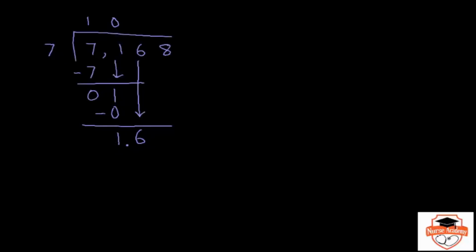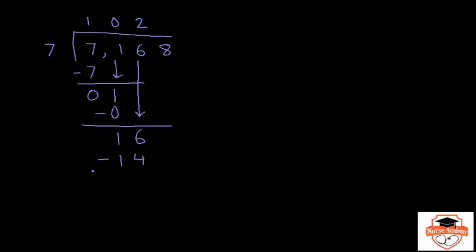We know that 7 times 1 is 7, 7 times 2 is 14, 7 times 3 is 21. So 21 is over 16. So we don't write a 3 over here, we write a 2. Write down 14 because 7 times 2 is 14.